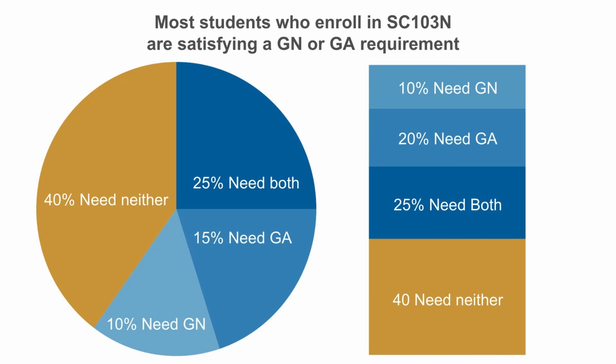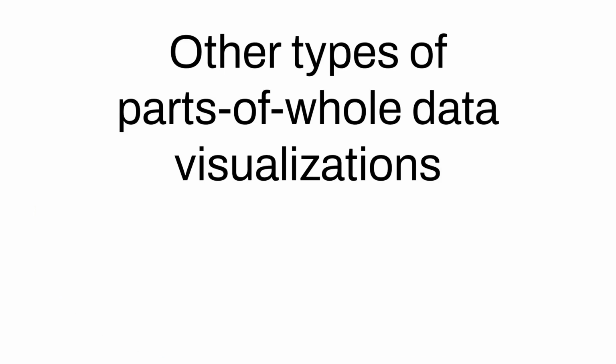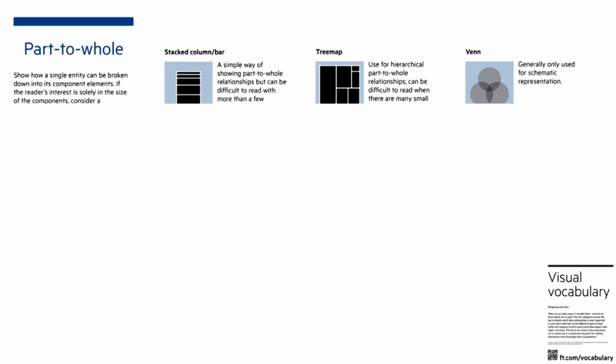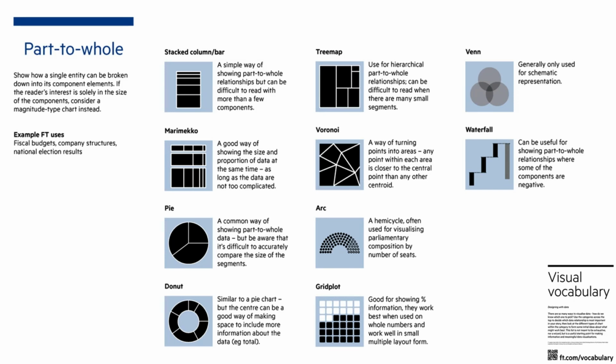And so then the last thing I want to mention is that we spent a lot of time talking about pie charts and divided bar charts, but they're not the only way to represent parts to whole. And there's other charts in this, but one set of categorization that I really like has been done by the folks at Visual Vocabulary. And you'll see here that we have this stacked column or bar chart that we've talked about in the top left.